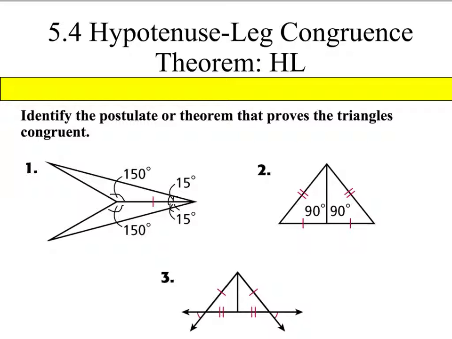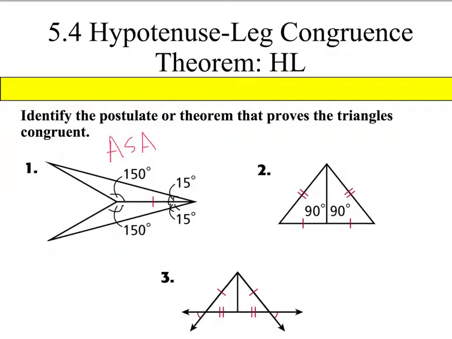Well, if you notice, that side is known as our included side because it's included inside those 2 angles. So when we have 2 angles and the included side, what property is it? It is that beautiful angle, side, angle.